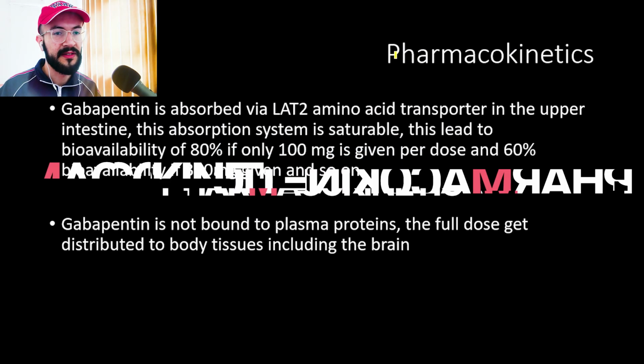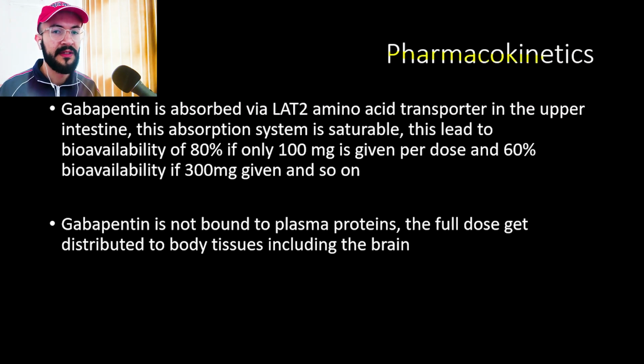Now let's talk about the pharmacokinetics. The gabapentin is available as oral formulations, and the oral formulations are absorbed via the LAT2 amino acid transporter in the upper part of the small intestine. The LAT2 amino acid transporter system is a saturable type of system, meaning there is a certain threshold that this absorption system can handle, and beyond that it can't absorb any more of the medication.